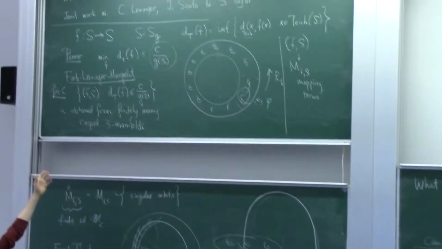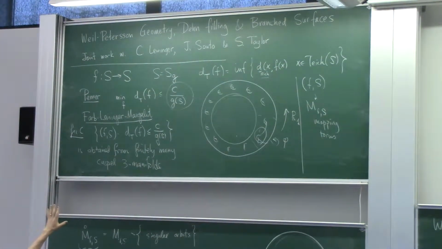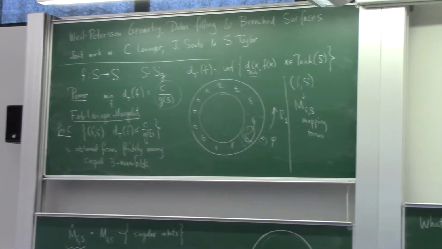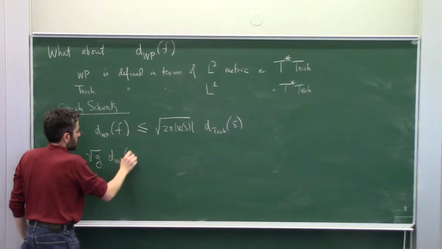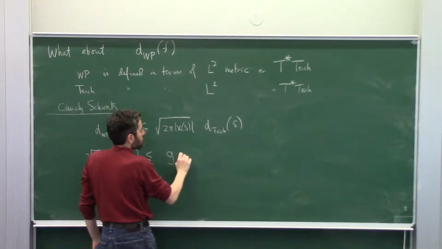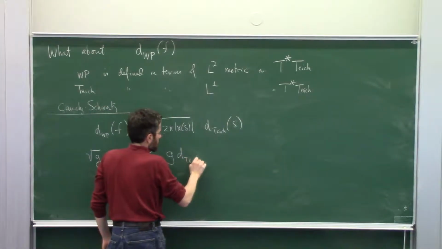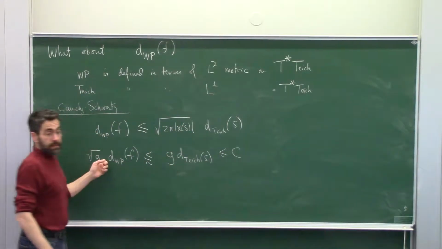It's bounded by a constant. So we can think of that as a kind of normalization of the Teichmüller metric suited to this question. And so what we have to normalize by for this is the square root of the genus. So we have the square root of the genus times the Weil-Petersson dilatation is bounded by roughly the genus times the Teichmüller dilatation. So if this is less than a constant, then so is this.